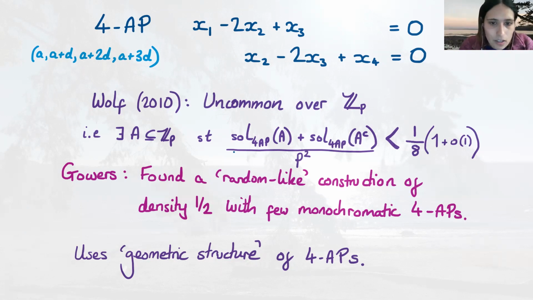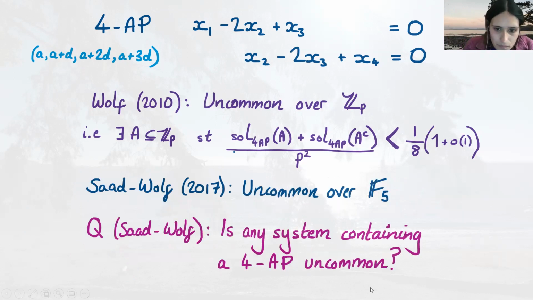And so they ask the question, is it true that any system containing a 4-term arithmetic progression is uncommon? For example, Saad and Wolf proved in their paper that a 4-term arithmetic progression itself is uncommon over F5. And they showed an extension of their proof, which showed that in fact, a 5-term arithmetic progression is uncommon, again, over F5.